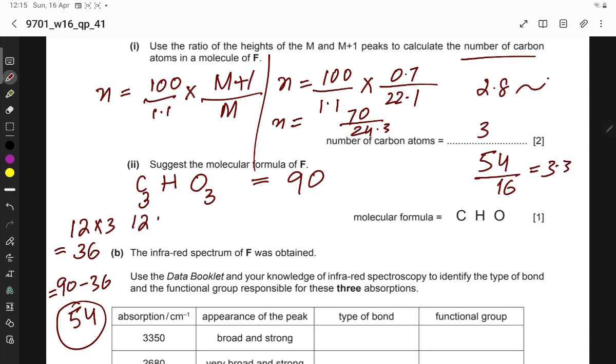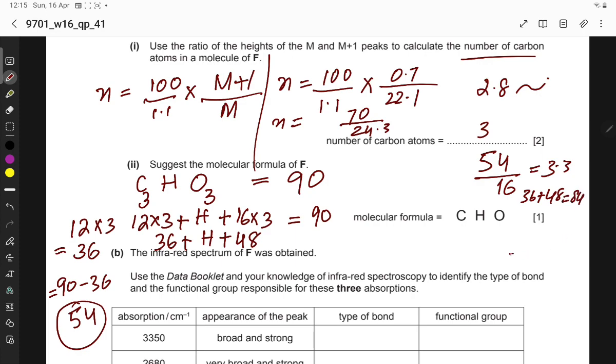So this is 12 into 3 plus H plus 16 into 3, which is equal to 90. 36 plus H plus 48. 36 plus 48 is equal to 84, and what is left behind will be the hydrogen atoms.